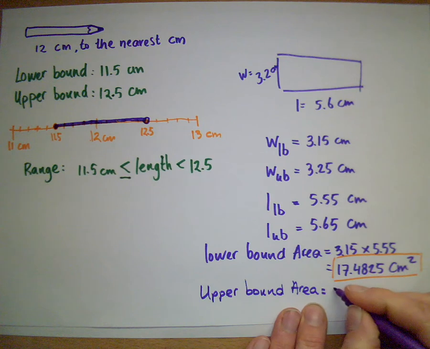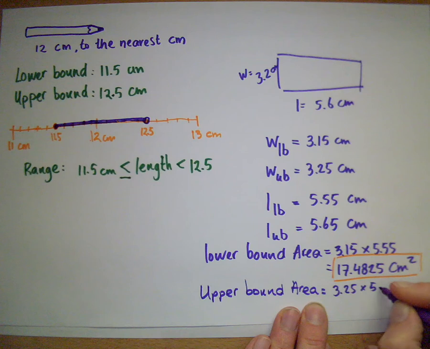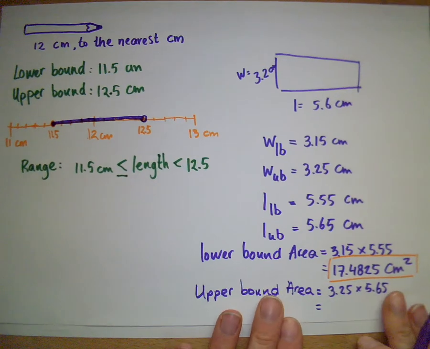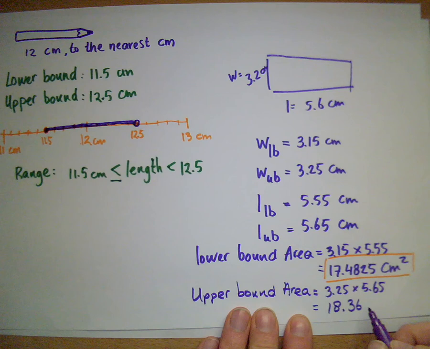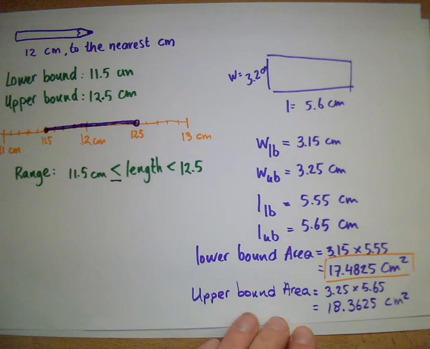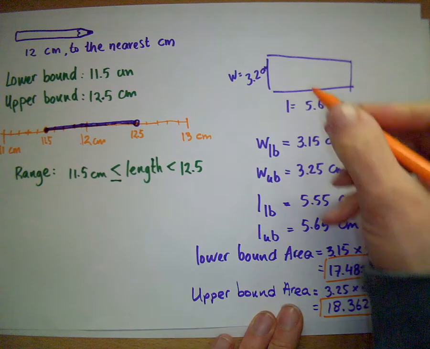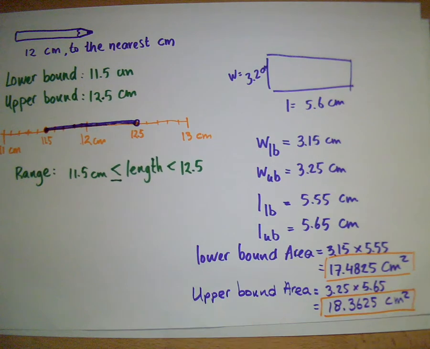Upper bound of the width is 3.25, upper bound of the length is 5.65, and that gives an area of 18.3625 square centimeters. So that is the upper bound of the area of the surface of my eraser. Okay, and you know, there's a difference between the two, obviously.